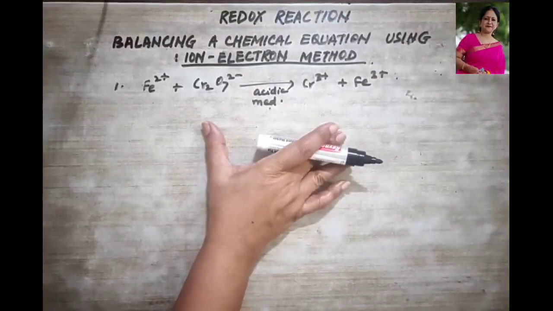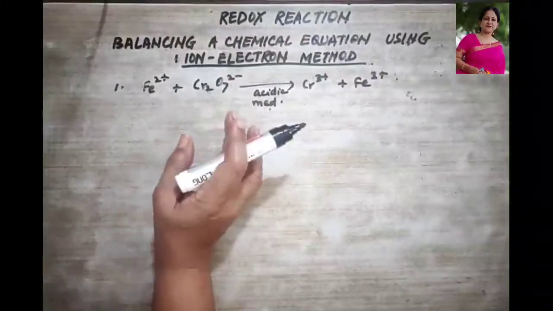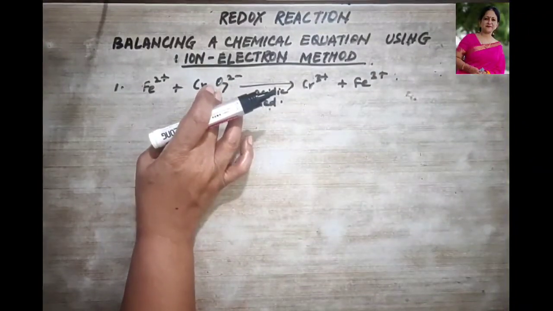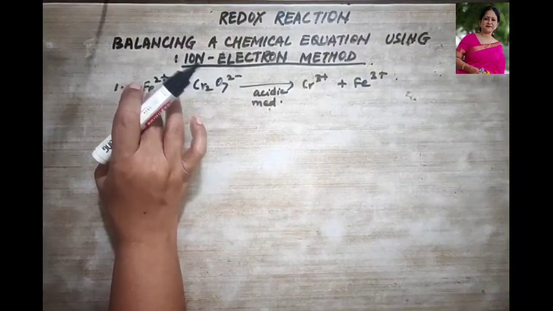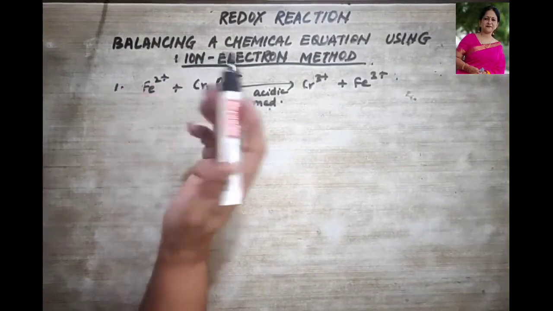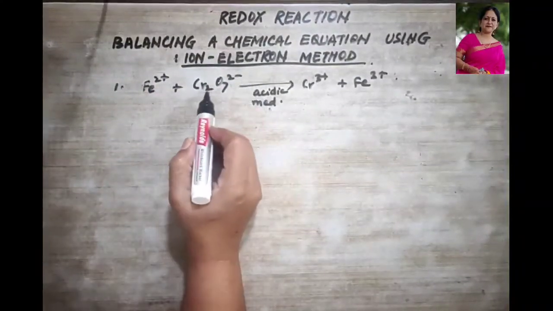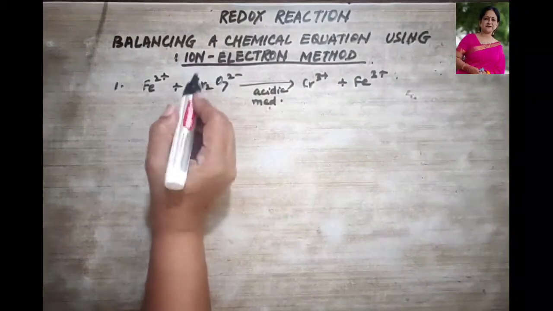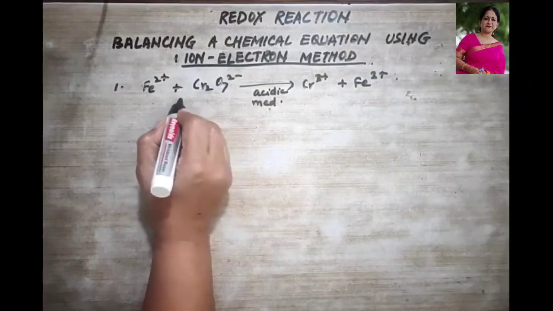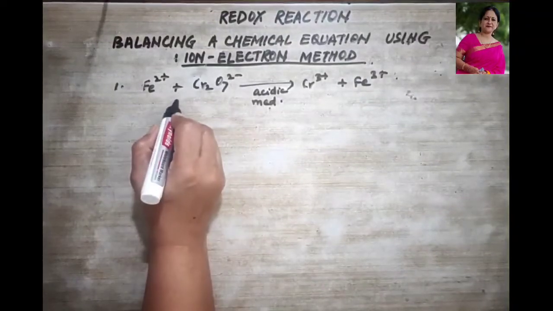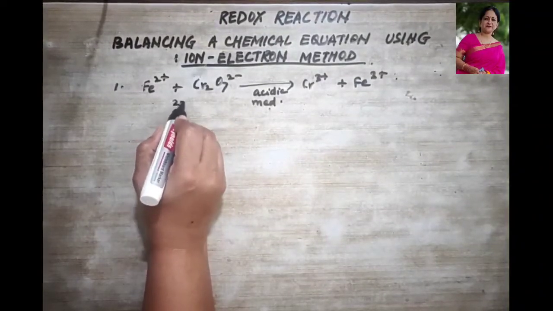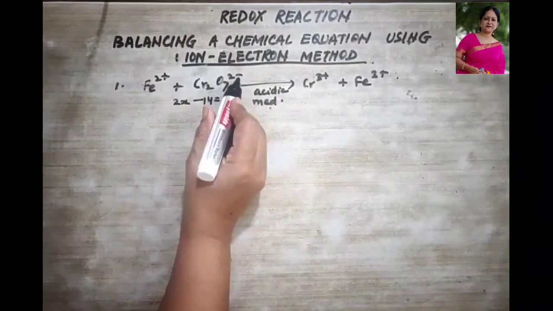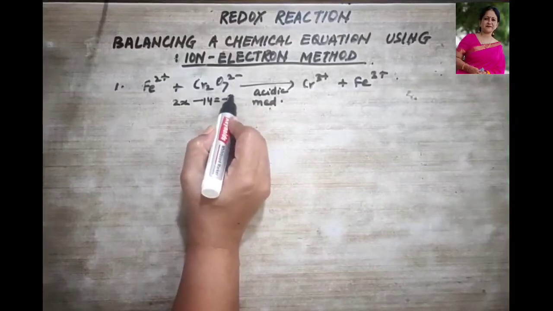This point is clear. Now, let us identify whether chromate or iron, which one is getting oxidized and which one is getting reduced. For this we need to know the oxidation number of chromium. How do we find it? Chromium is 2 atoms, so 2x minus 7 times 2, which is 14, is equal to minus 2.